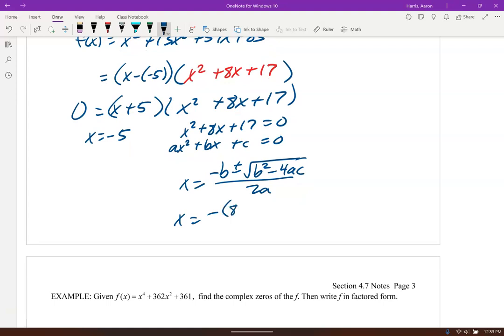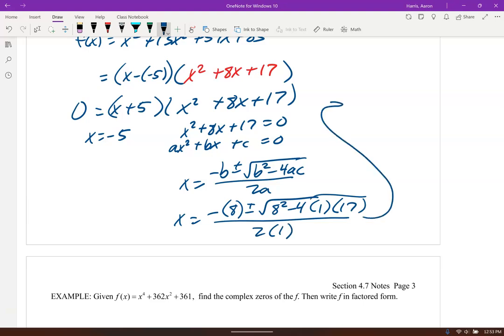Our b here is 8. 8 squared minus 4 times 1 is our a, 17 is our c, all over 2 times our a, which is 1. So we got -8 plus or minus the square root of 64 minus, what's 17 times 4? 68, all over 2.